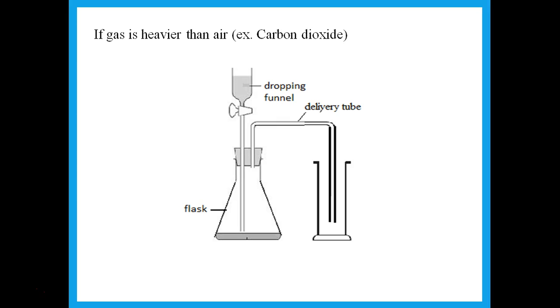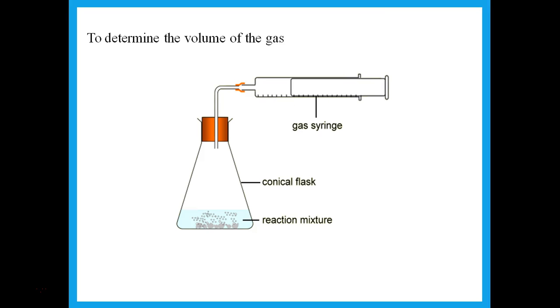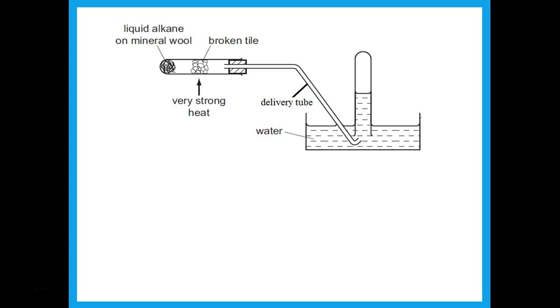And remember that we cannot collect it over water because carbon dioxide would dissolve in water. Now, if I'm trying to collect it and measure its volume, then I cannot use the previous methods. I have to use a gas syringe. So the gas syringe will take the gas and give you the volume.